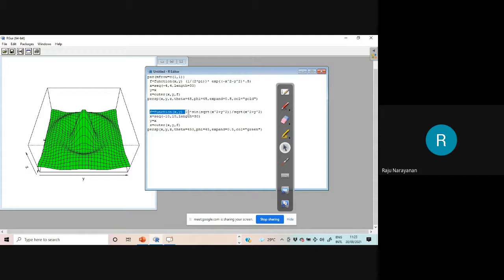You just define the function, and define the values for x and for y. Then for each pair of x and y you find f, that is our outer. X is from -10 to 10. Y is from -10 to 10. For each x and y, you find the value of f. Then you plot. That is a technique.